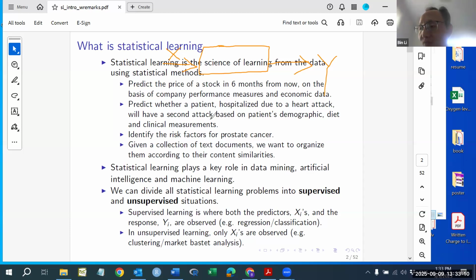The simplest form in statistical models is linear models, right? Like multiple linear regression. We force the relationship between x and y to be linear and additive, but we can also include some interaction terms. That's fine, but that's the statistical modeling approach.